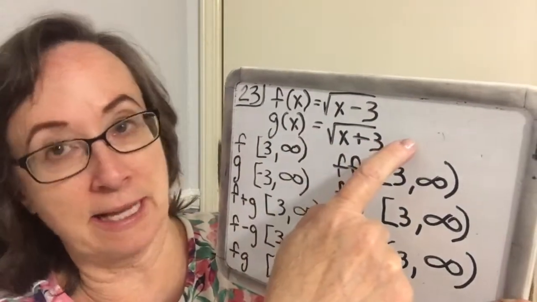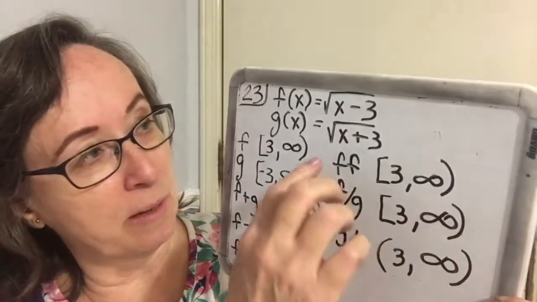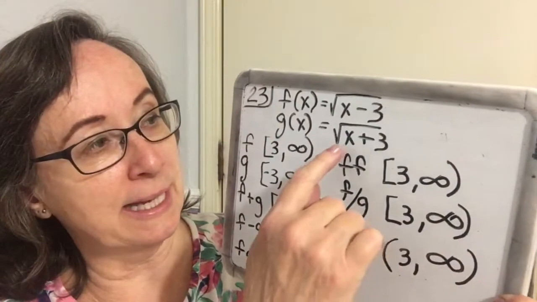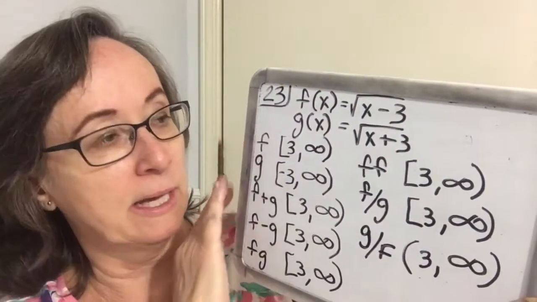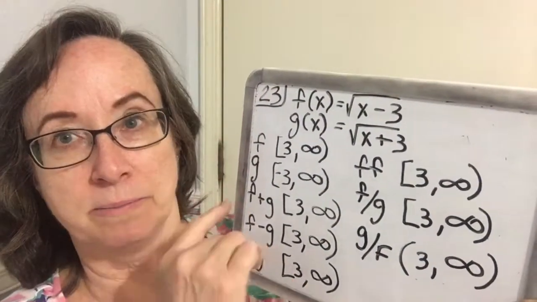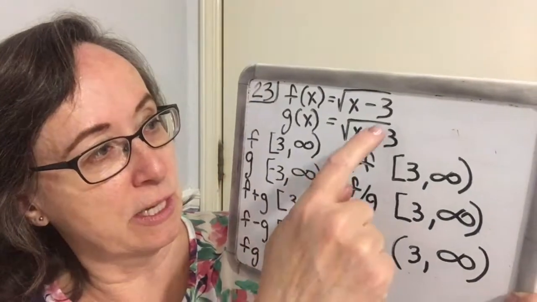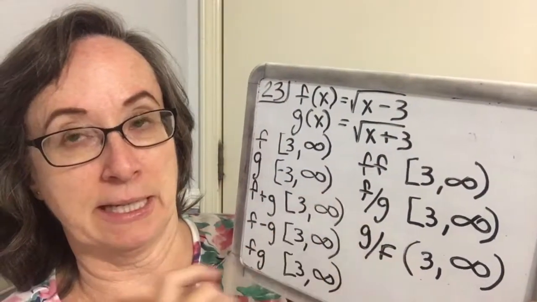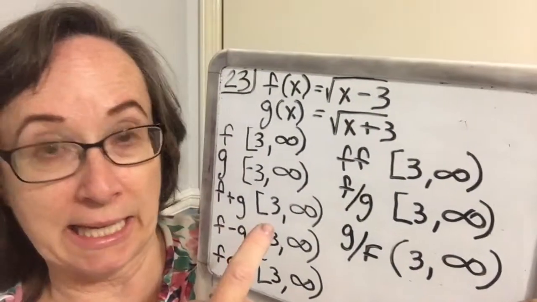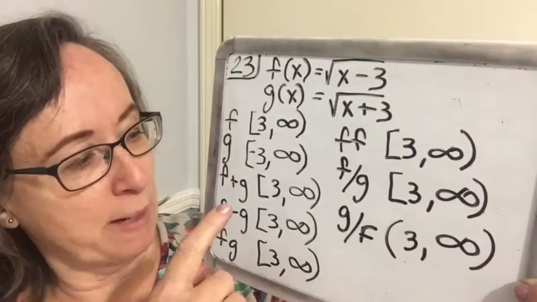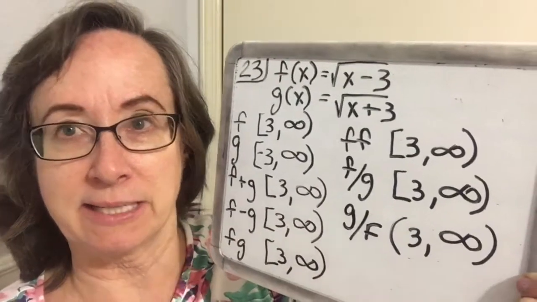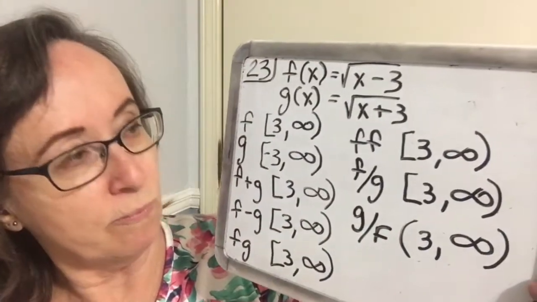G of x has a little bit broader domain because it can go all the way down to negative 3 before it would start to be in danger of going to 0. So negative 3 to infinity would be the domain for g. So remember what we said when we're talking about domains of the plus and the minus and the times function.